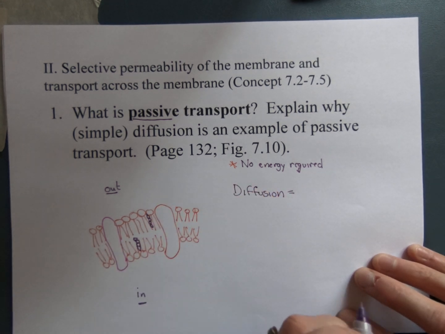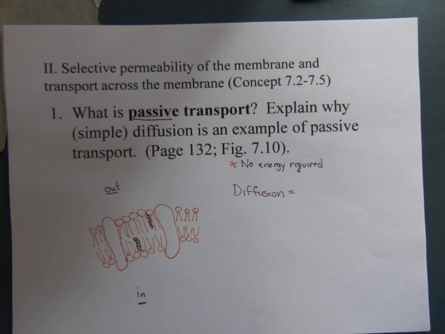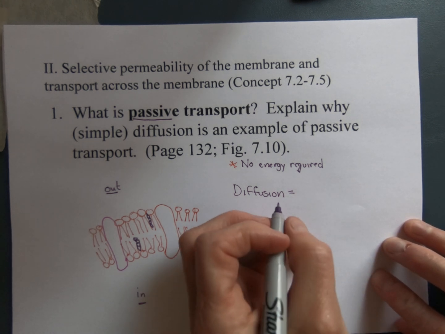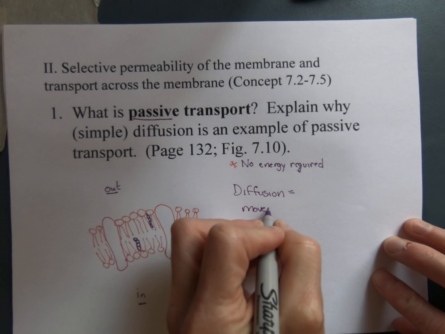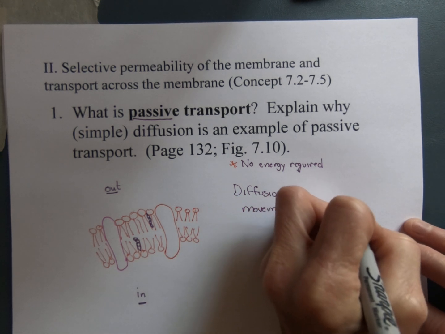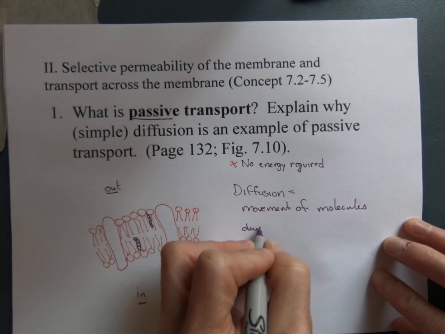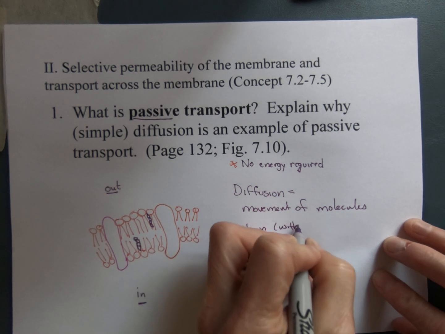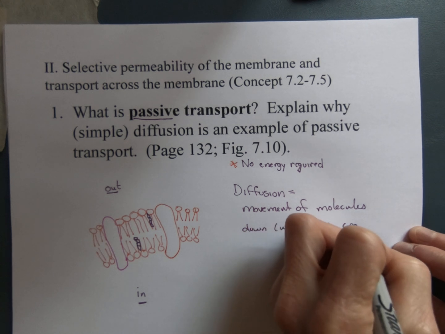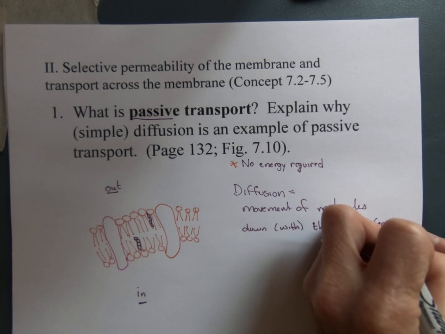Diffusion is defined as the movement of molecules down their concentration and their electrical gradient. The movement of molecules down or with their concentration or electrical gradient.